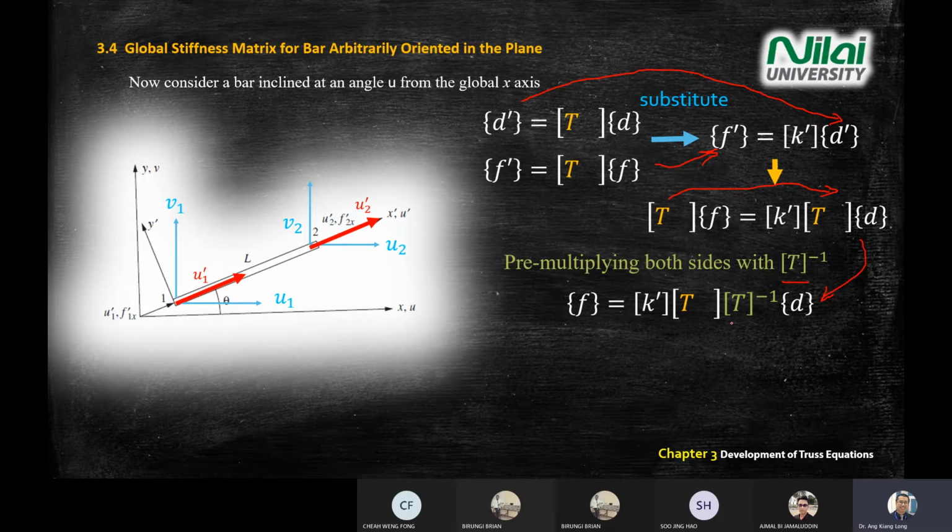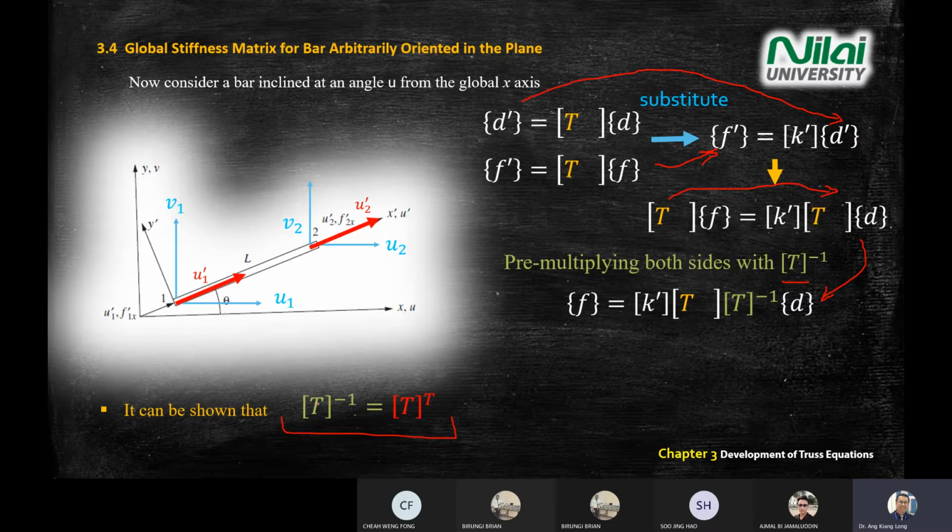If you don't understand what an inverse matrix is, go to the appendix and read the matrix chapter. There is an appendix that I attached in the Moodle. Then you just continue with the derivation. If you learned in your advanced mathematics, you know that the inverse can be written as a transpose.